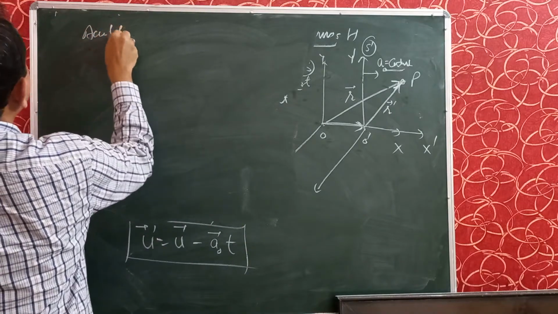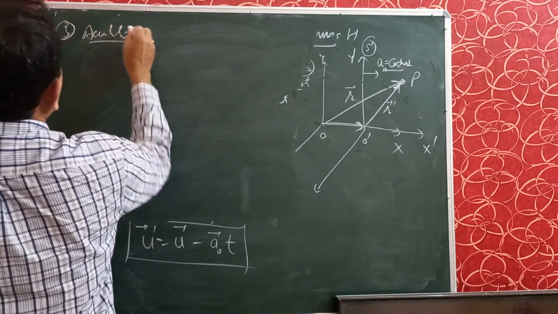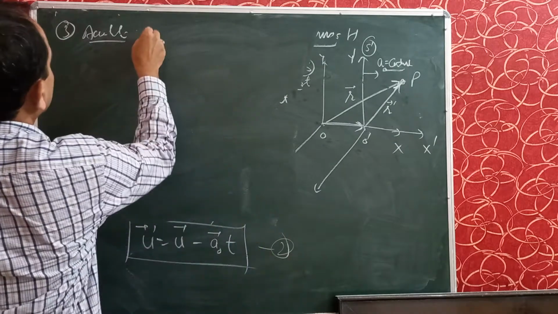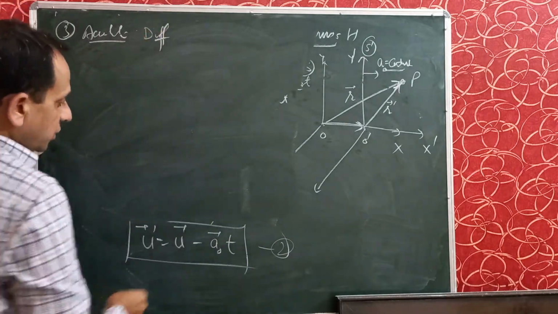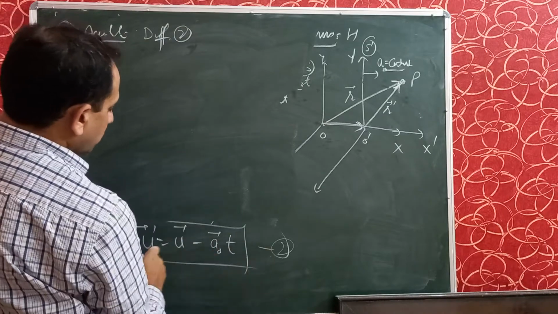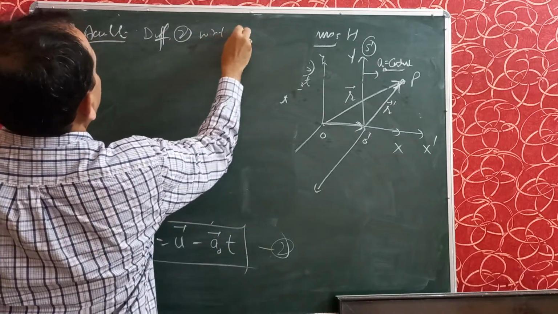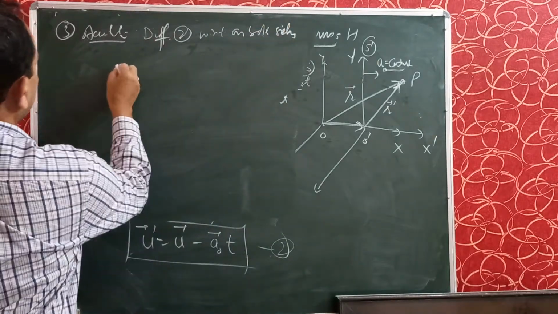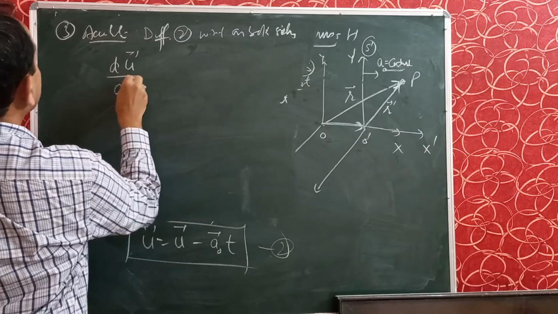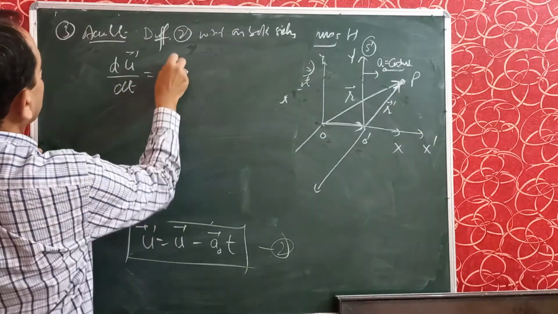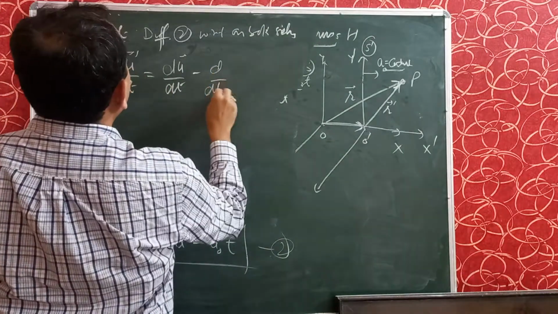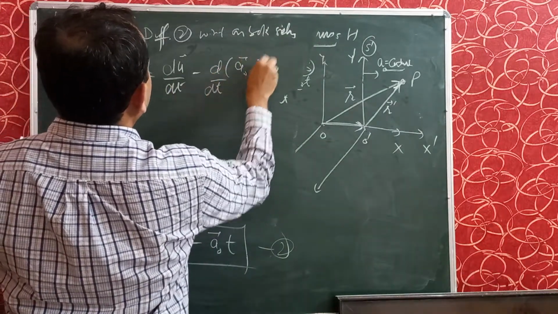Acceleration is the rate of change of velocity, so we differentiate equation number 2 with respect to t on both sides. It will become du dash upon dt is equal to du upon dt minus d/dt of a naught t.